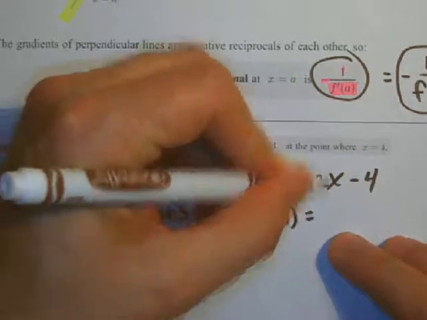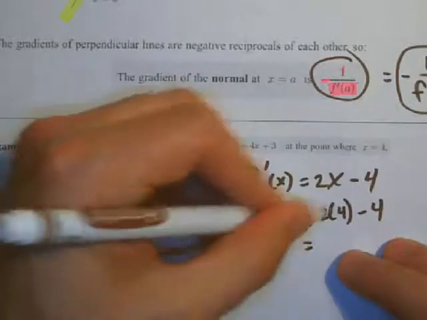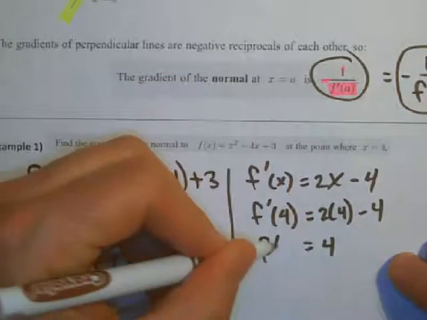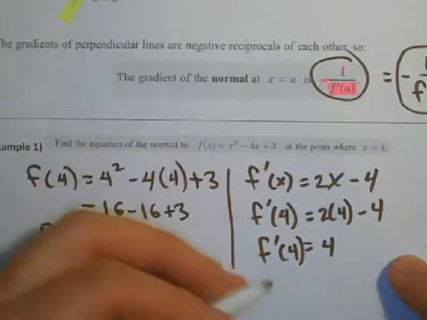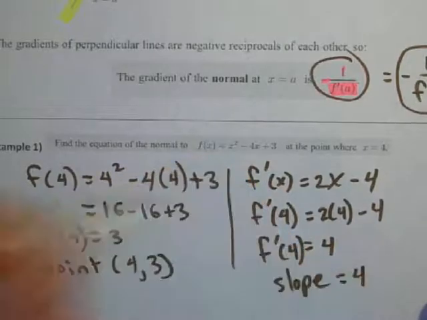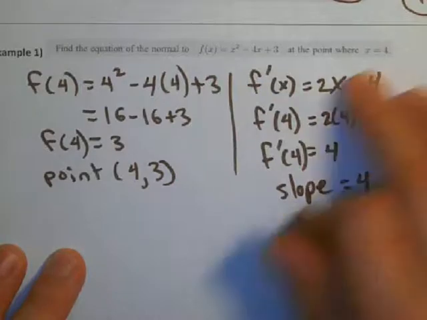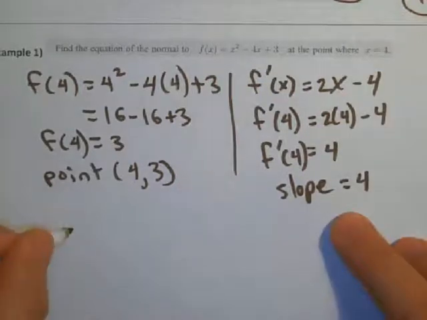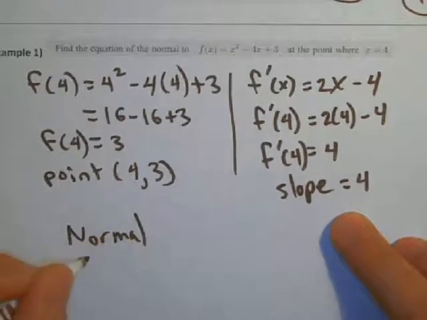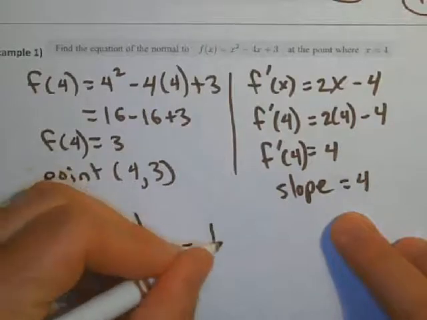So I get 2 times 4 minus 4, which is 8 minus 4, which is 4. So my slope equals 4. If the slope of the function at this point is 4, then we know the normal slope is equal to negative 1/4.